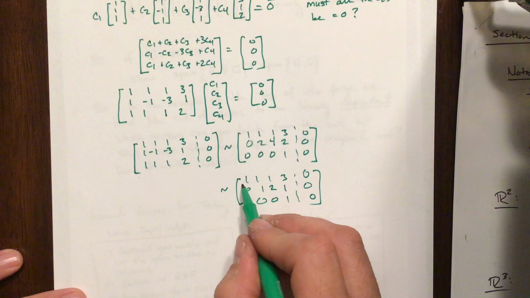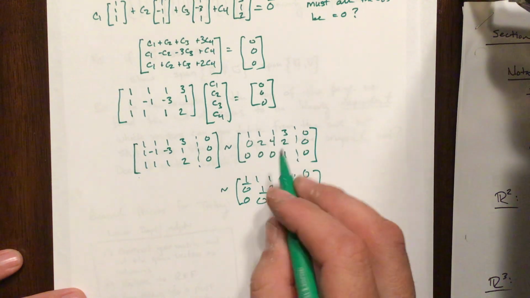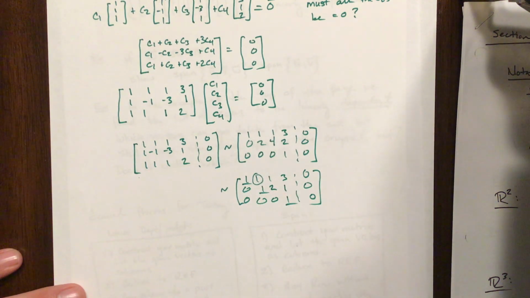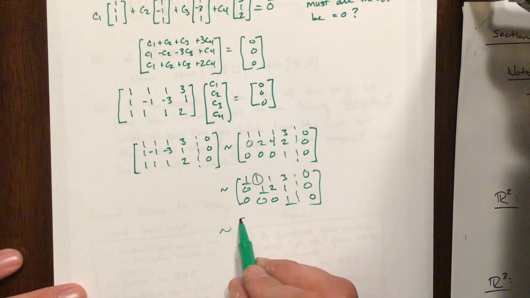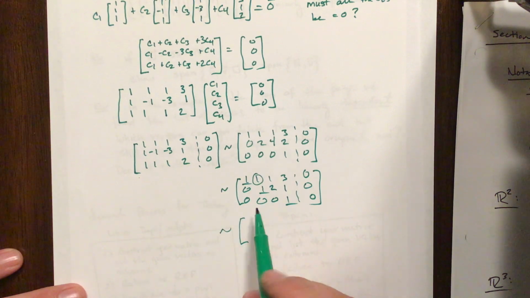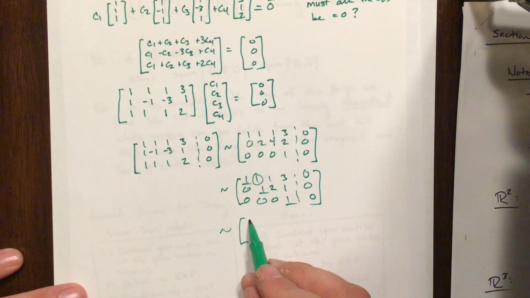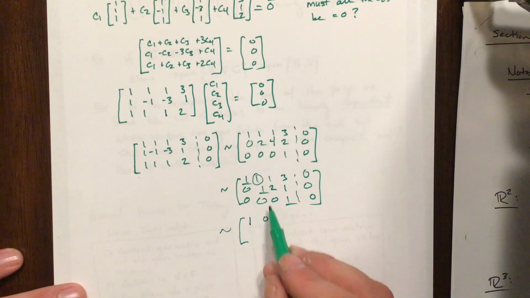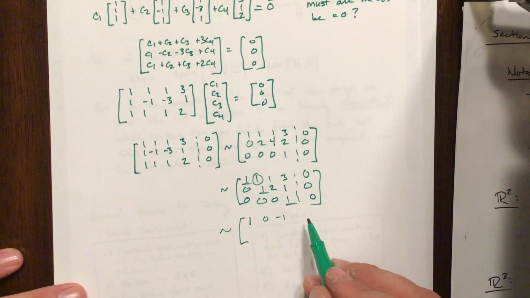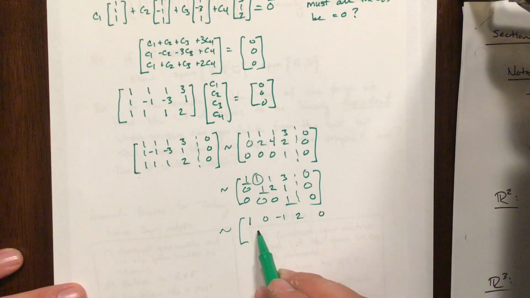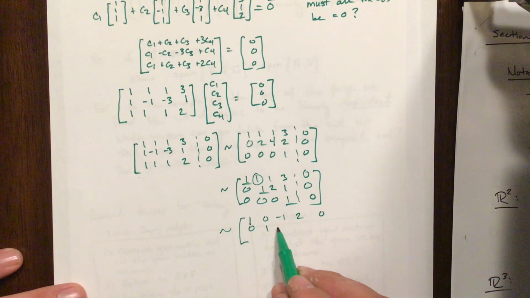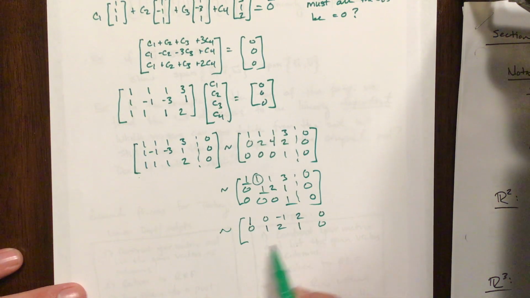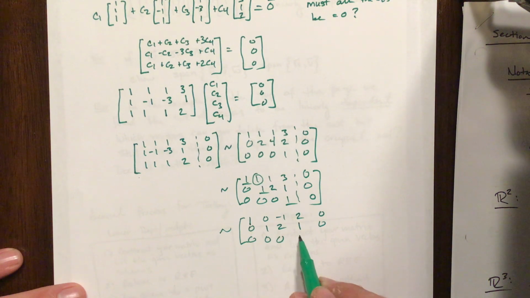And one more time with pivot, pivot, pivot. Let's put it in row reduced echelon form by getting rid of that. So 1 minus 0 is 1, 1 minus 1 is 0, 1 minus 2 is negative 1, 3 minus 1 is 2, 0; 0, 1, 2, 1, 0; 0, 0, 0, 1, 0.